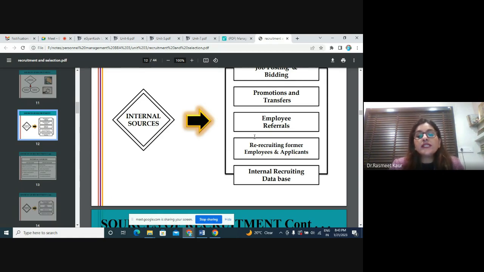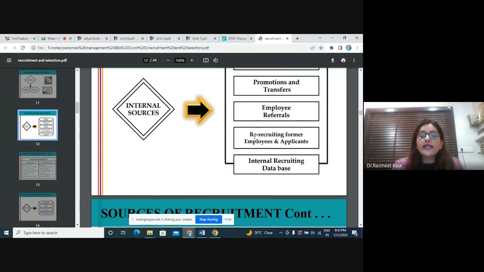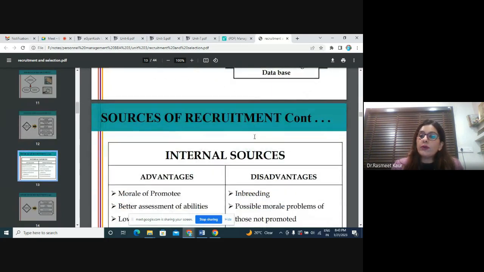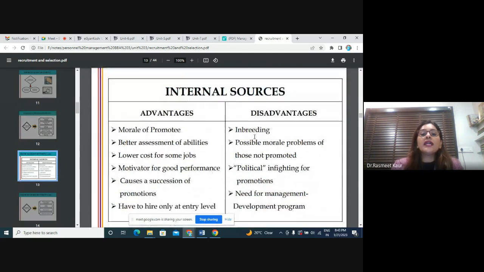And the last one is looking at your internal recruiting database, which is also called the human resource information system. Now, there are advantages and disadvantages of both internal sources. First, as I said previously also, if you look for people within the organization, it boosts their morale.